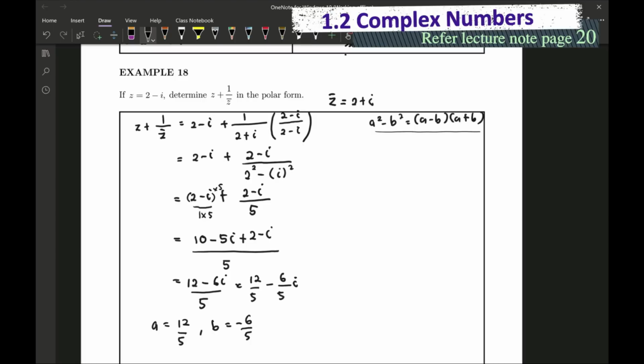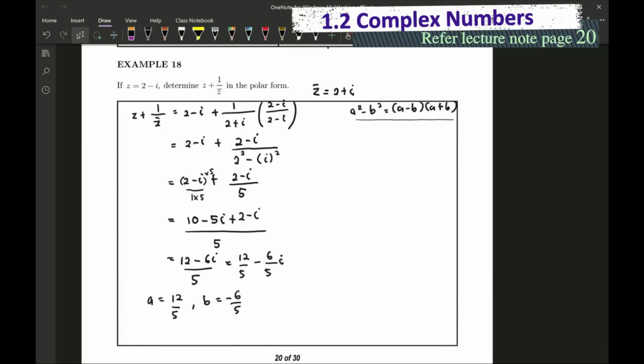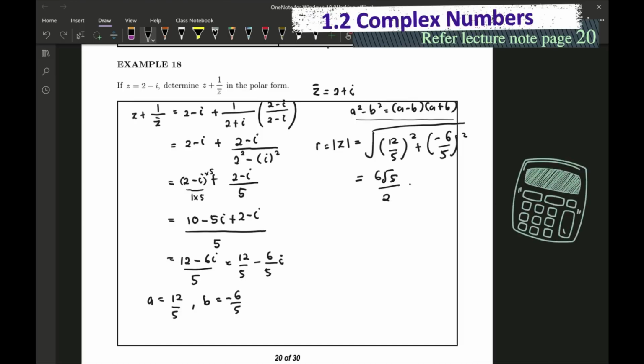So the modulus of z is equal to the square root of 12 over 5 squared plus negative 6 over 5 squared. So we get the value of 6 root 5 over 5.